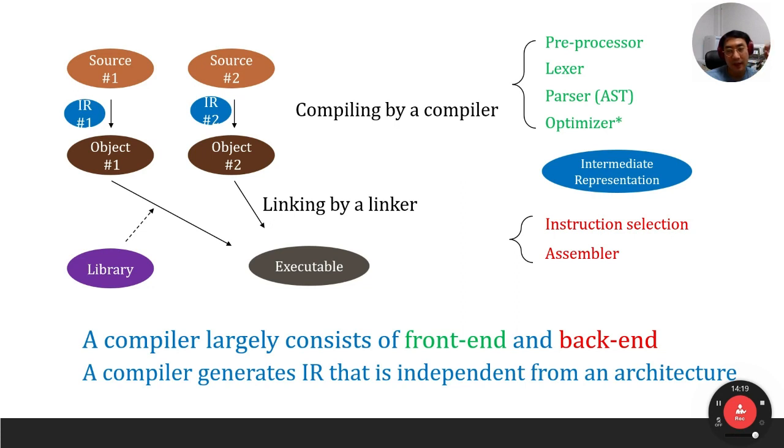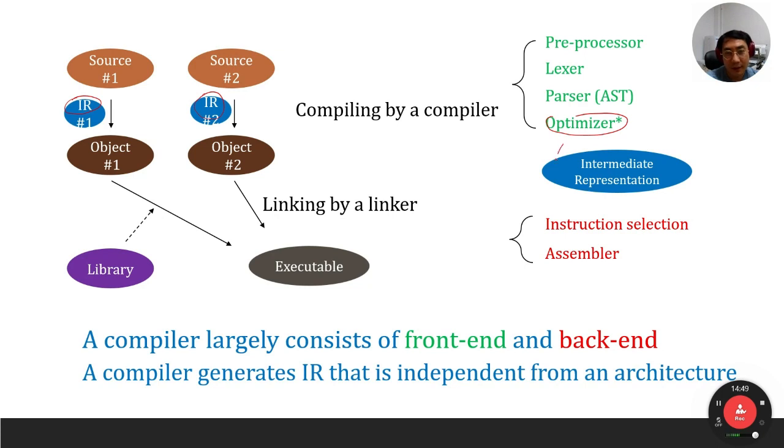The lexer and parser both create the AST, or syntax tree, and then the compiler produces the intermediate representation, or IR. Once the compiler generates the IR, the optimizer internally optimizes this IR.